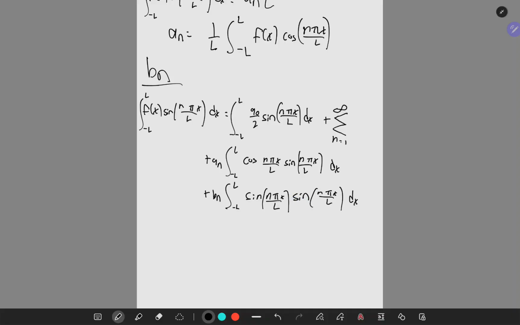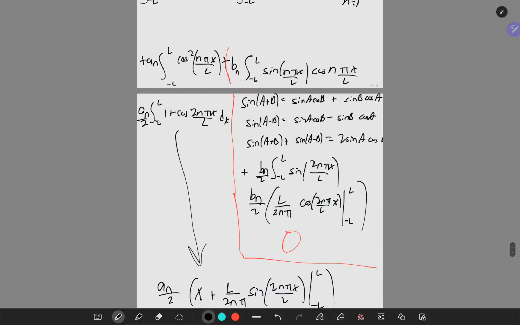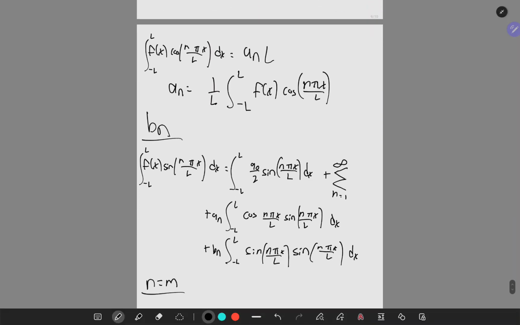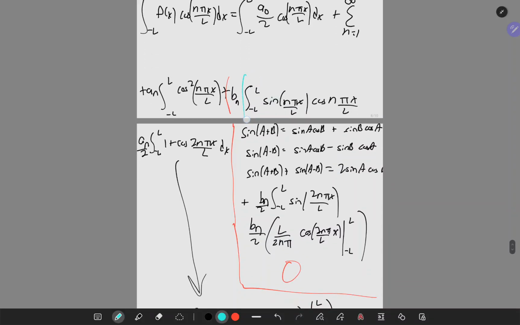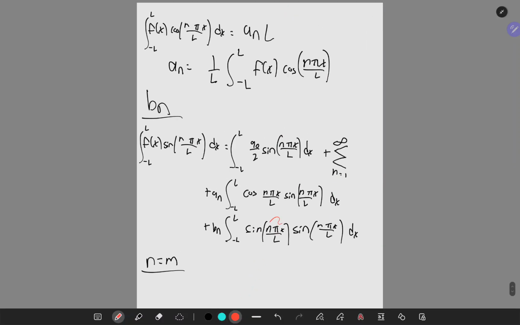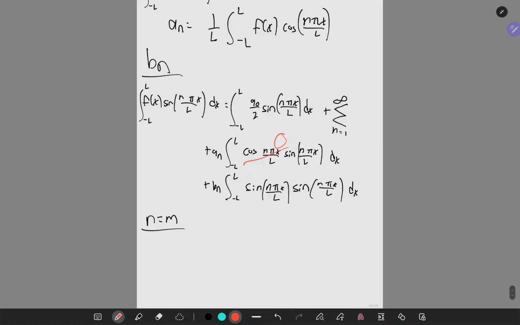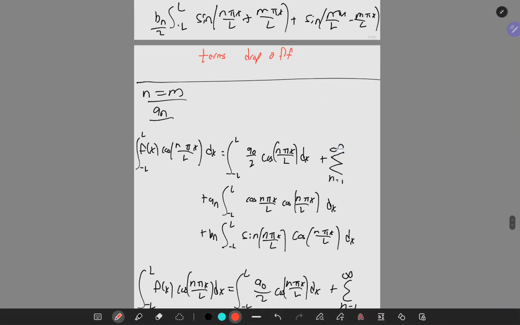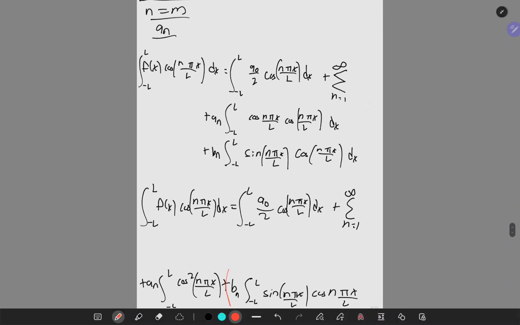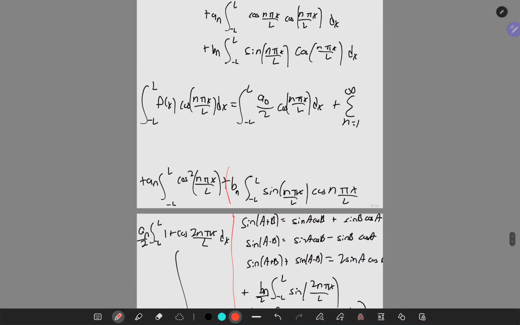All that's going to change is we look at n equals m. Just like before, we have the integral negative L to L. The exact same thing is going to happen with the cosine times sine, right? It's the exact same integral that we have right here. Exactly the same. It goes to 0. So we know this goes to 0. We know this one up here goes to 0, right? Because just like before, where is it? Oh, did I forget to show that?